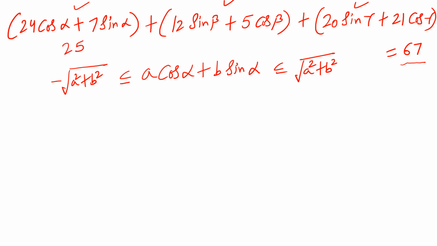The maximum value of 12 sine beta plus 5 cos beta is square root of 12 square plus 5 square, which is 13. And the maximum value of 20 sine gamma plus 21 cos gamma is square root of 20 square plus 21 square, which is square root of 841, and this comes out to be 29. If you just add these three values, 25, 13 and 29, it comes out to be 67.